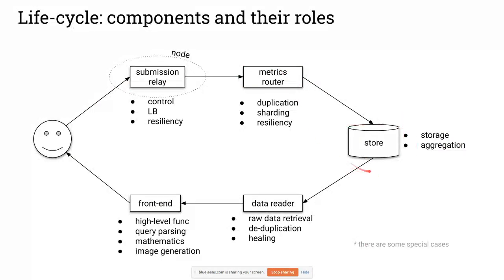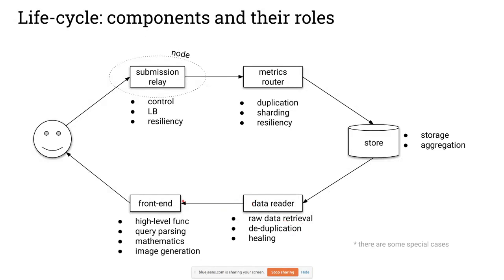Then the data that is in store is read by the data reader, so it retrieves raw data. Since the store is not aware of duplication, the reader performs the deduplication and also healing in case some stores that are replicas of the same data miss some points.